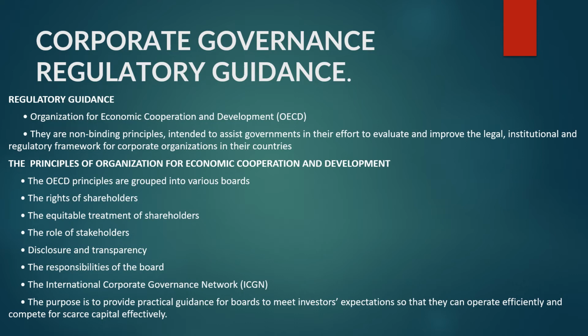Then the next one is disclosure and transparency, which means whatever they are doing has to be open and transparent to everyone. Then the other one is the responsibilities of the board. The board has a responsibility bestowed on them as far as the organization they belong to is concerned. All hands must be on deck to move the organization forward.